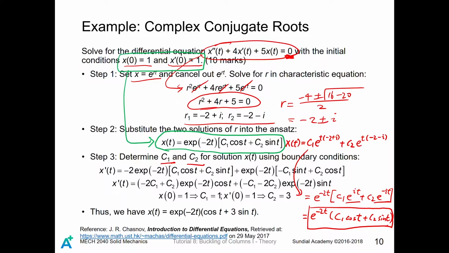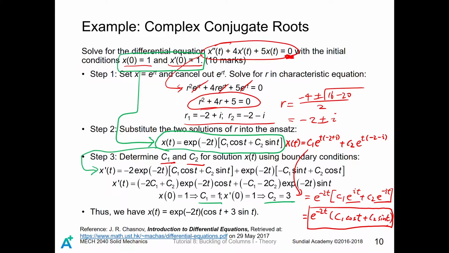Once you differentiate it and get x prime t, you can use the initial condition, which is x prime 0 equals 1, and substitute it in. You get something like c2 equals 3, and you substitute this into our equation, then you will get c1 equals 1.